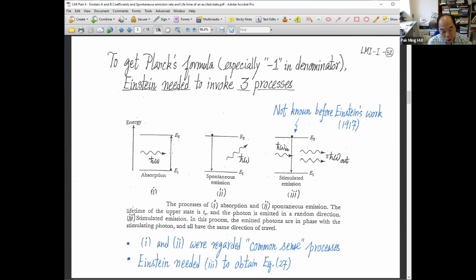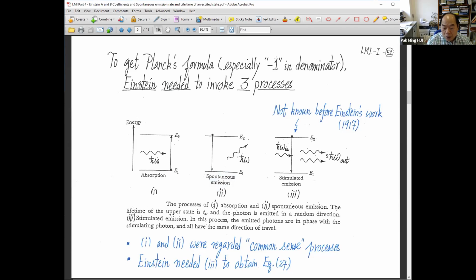So there's no incident thing, only they come out and there's something out. All right. Now, these 2 processes were ordinary at that time, we know. Okay. Just to remind you, in terms of Schrödinger quantum mechanics, this is difficult to handle. We want to handle it now.